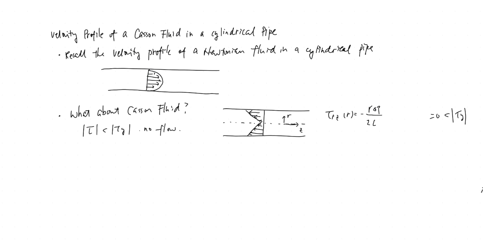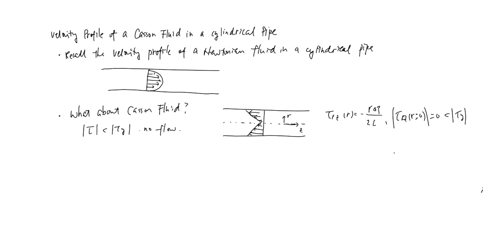I'll show with my pen. So that means there is no flow at least at R equal to 0.